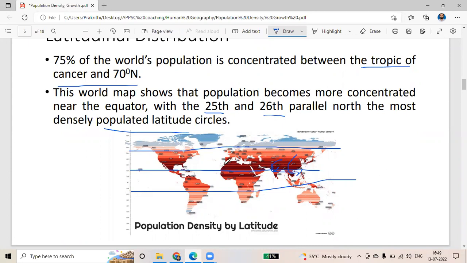Along with that, we have the European area here, that also comes between 70 degree north and Tropic of Cancer, and the eastern part of North America also comes within this. So 70% of the population, we can directly say, is concentrated in the northern hemisphere between Tropic of Cancer and 70 degree north latitude. So this is the population density distribution.